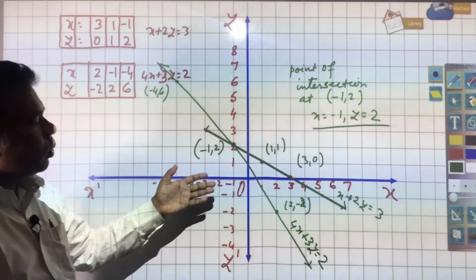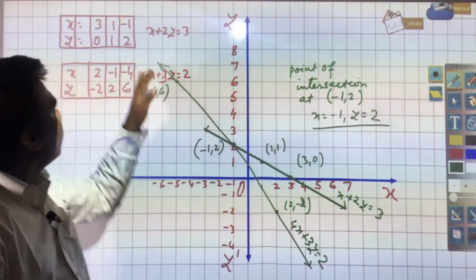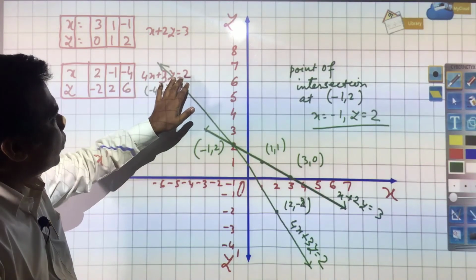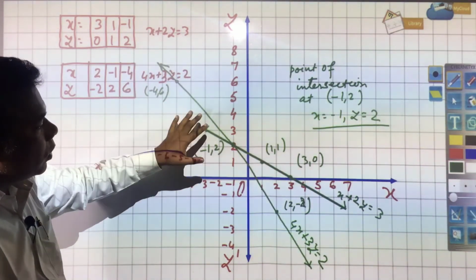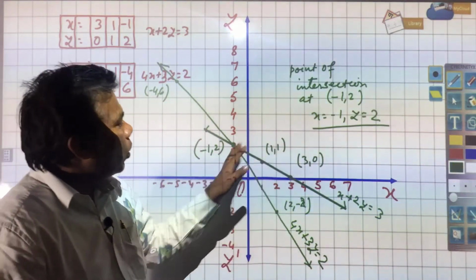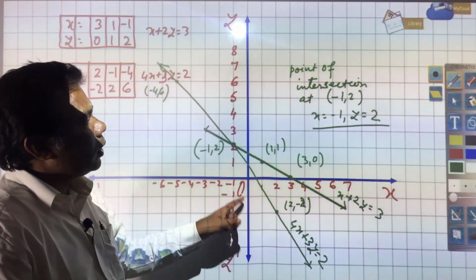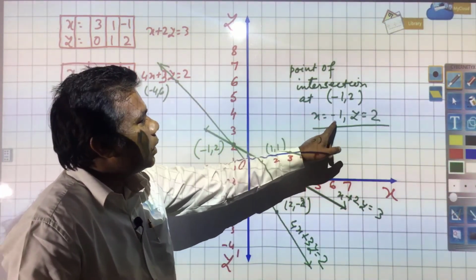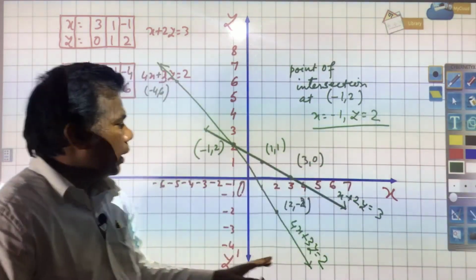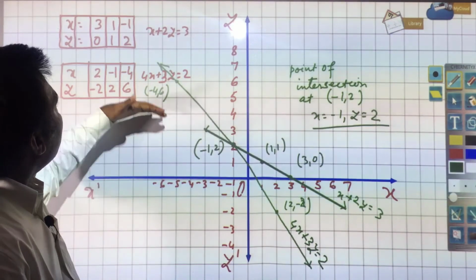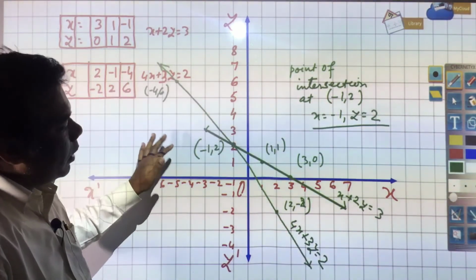Graphically, if you want to solve the equations x plus 2y is equal to 3 and 4x plus 3y is equal to 2, your solution will be at the intersecting point, and you will have a unique solution: x is equal to minus 1 and y is equal to 2. So, in this way the graph is required to be plotted and the solution can be found.